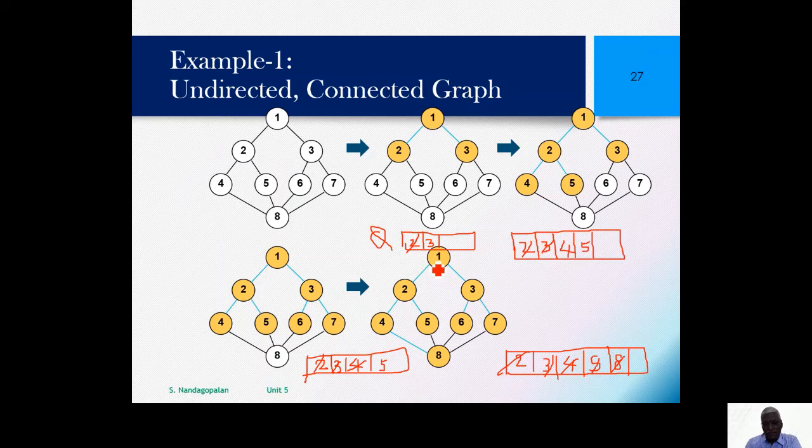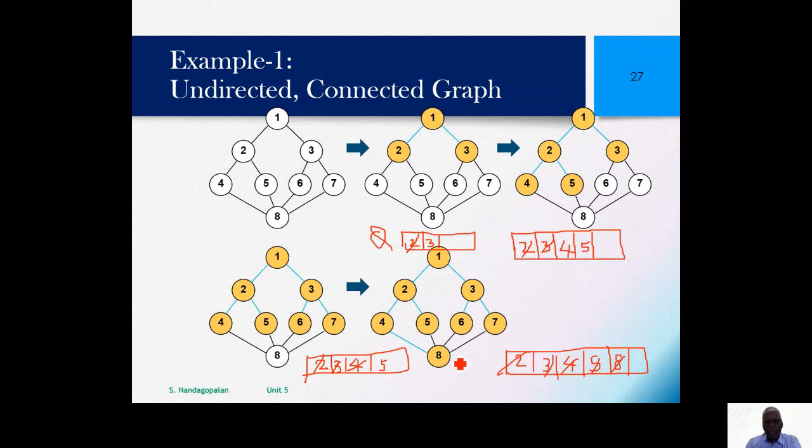So you can see here 1, we have visited 2 and 3 after pushing it into the queue. Then from 2 explored 4 and 5, from 3, 6 and 7. Then 8, and from 8 we don't have any other adjacent vertices, and now the 3 edges, you can see that they are still in black.